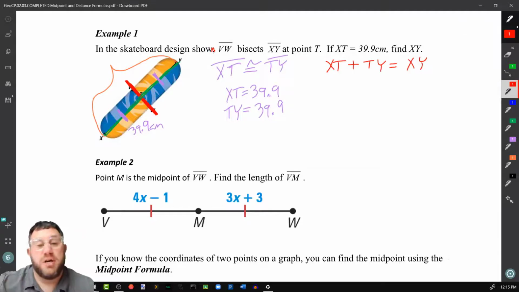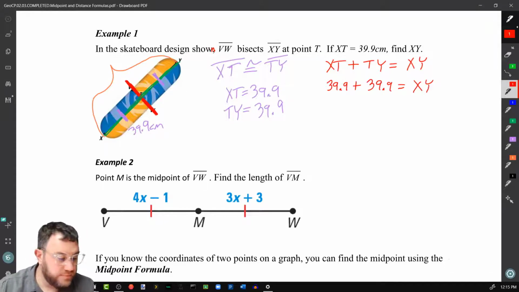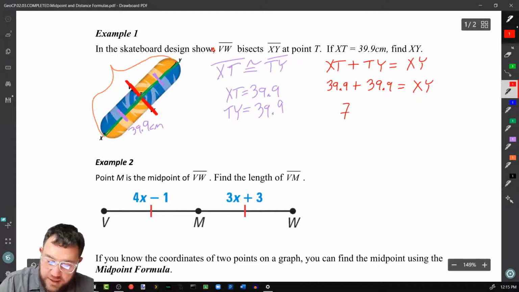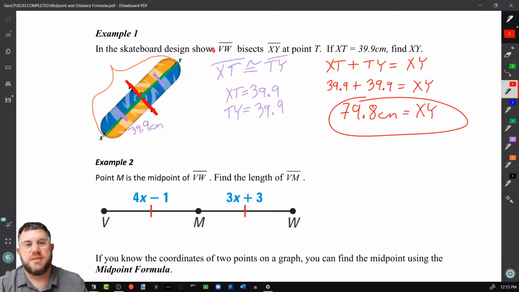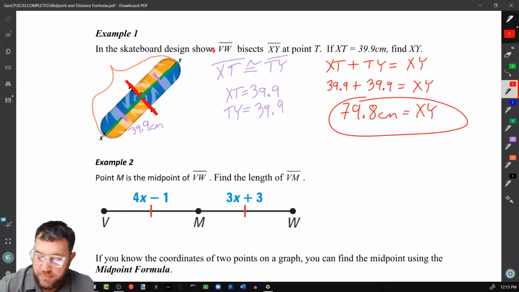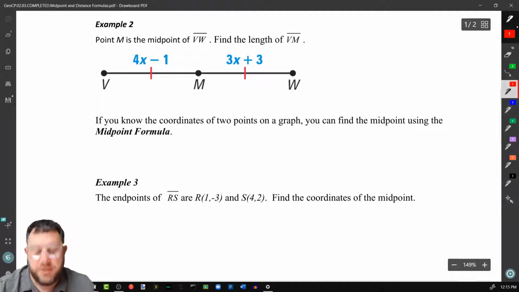There are no bars on top because we're talking about their lengths. So 39.9 plus 39.9 equals the length of XY. So we could figure out that XY is 79.8 centimeters long. Because we knew one piece, we knew the other one was the same, and so we added them together. In the case of bisectors, you could just multiply by 2, it would get you the same thing. But it's still based on that segment addition postulate.